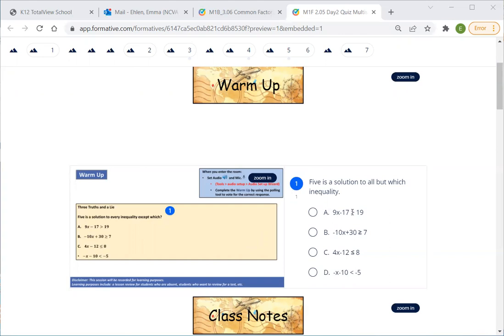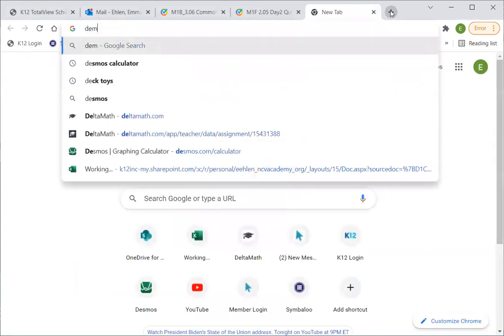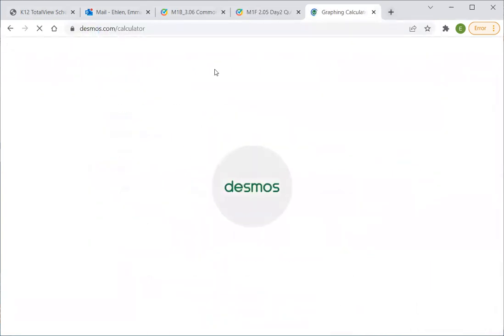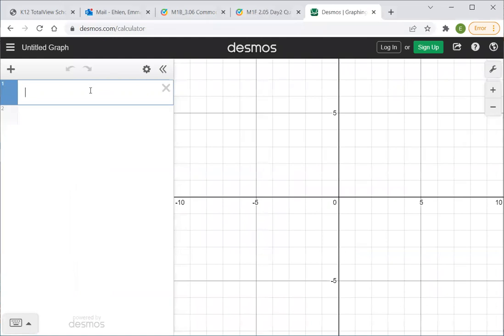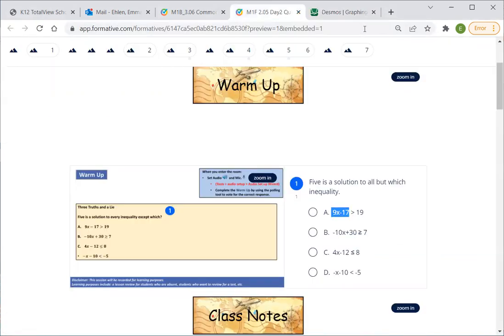So for this first one, I'm going to plug this into Desmos, which I think is the best way to solve this. If I plug 5 in for x, that gives us 28. Is 28 greater than 19?